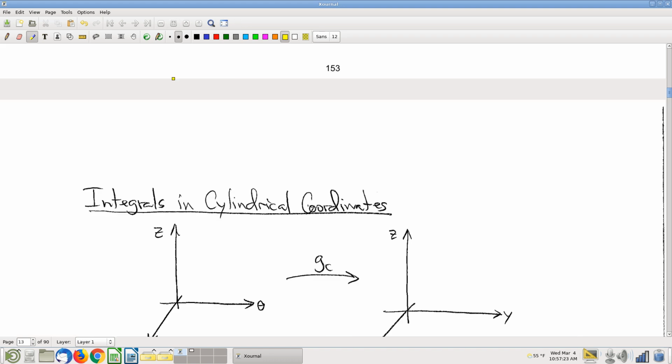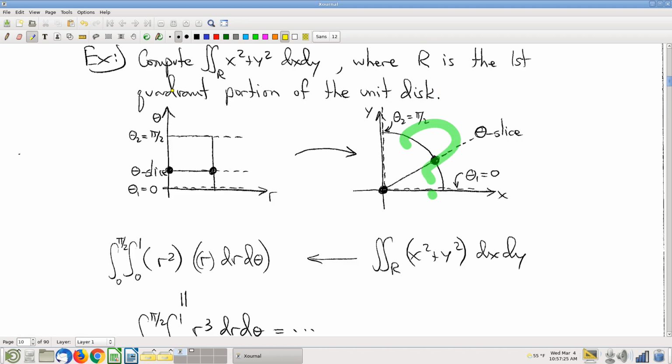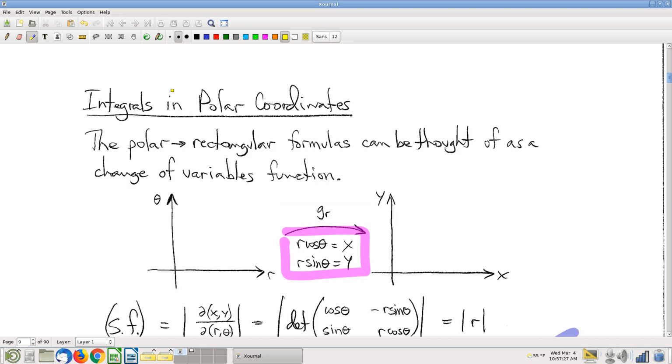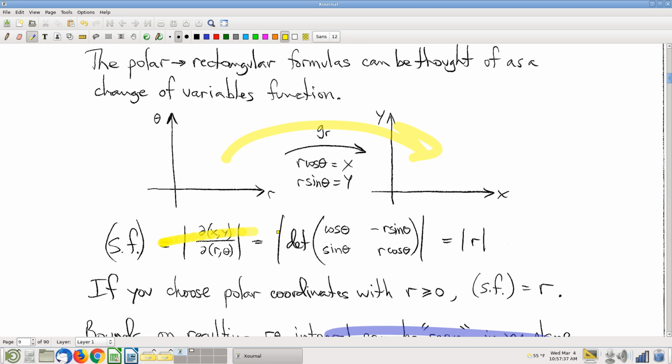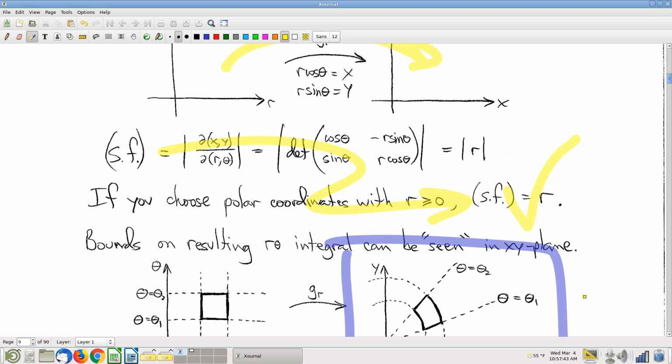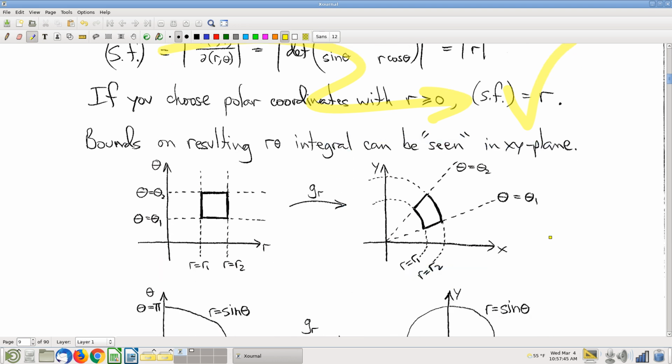We're going to take this same idea. Let me go back over here. The big idea on integrals and polar coordinates was you can view formulas as a change of variables function. Compute your stretching factor once. Make sure to memorize what that is. And then observe that in doing the pullback, everything that you need to see over here, you can see just as well without pulling it back.